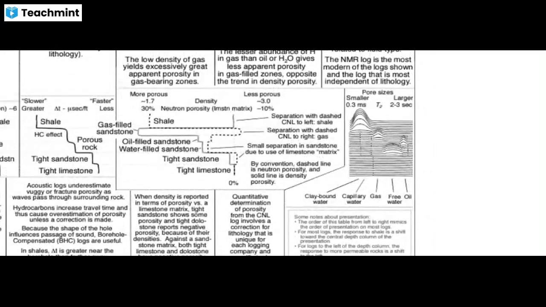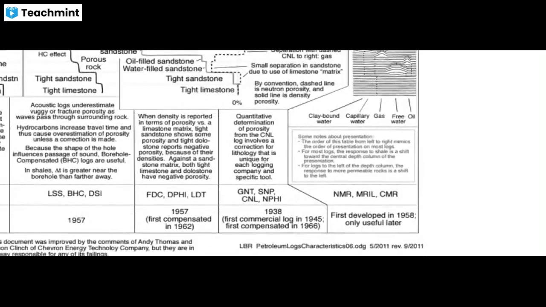In the last one, you can see the pore sizes, smaller 0.3 seconds, larger 2 to 3 seconds. So clay bound water, then capillary water, free water, gas, and oil are shown. This is in the last. So NMR, nuclear magnetic resonance, is denoted by the symbol NMR, MRIL, CMR.